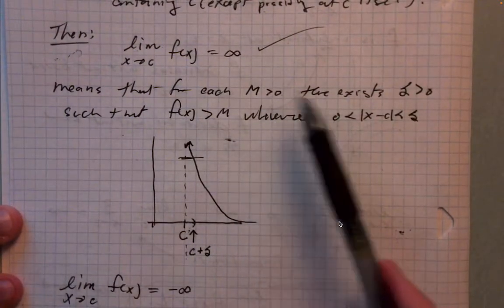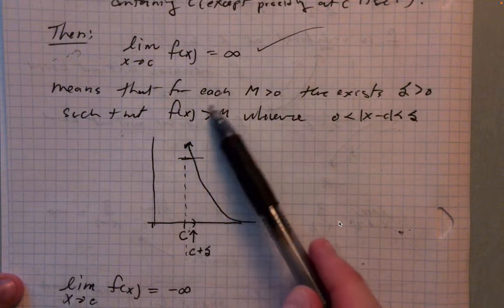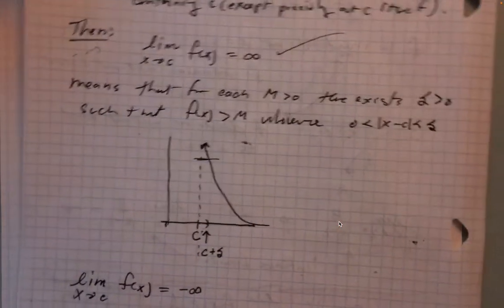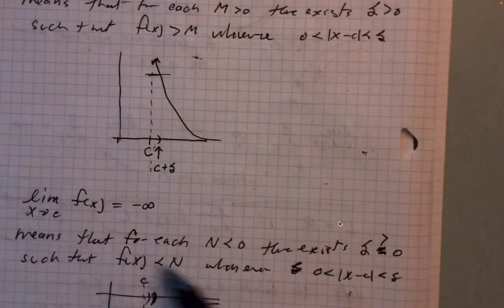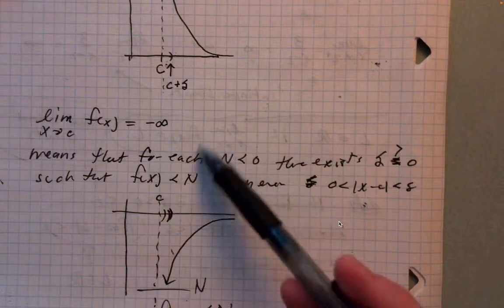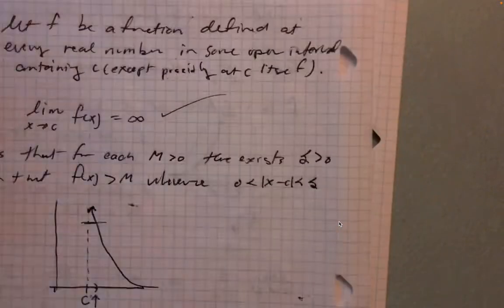Here we're looking for the value of the function that is beyond a large number m that is arbitrarily given, or beyond an infinitely small n that is in the negative direction, right? So that's the idea of the infinite limit.